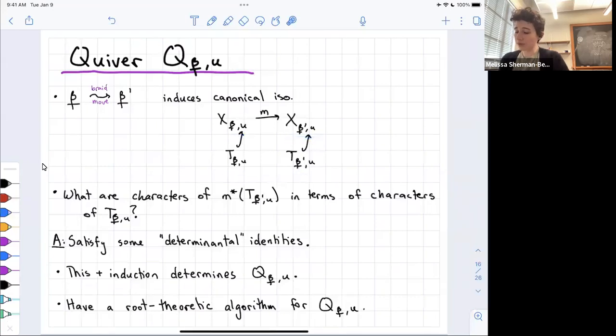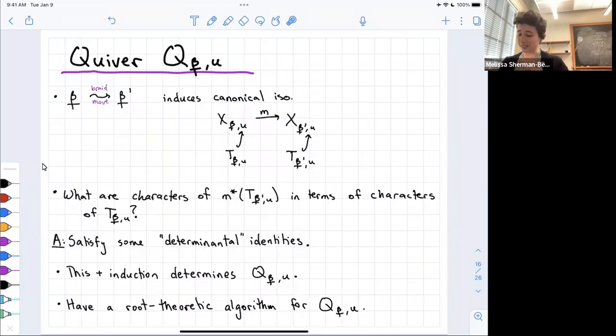And so to determine the quiver, what you need to answer is, how are the special characters that you picked here, if you pull them back, expressed in terms of the special characters here? This is a little bit complicated, but they satisfy something close to some classical determinantal identities. And you can use this plus induction to determine the entire quiver.